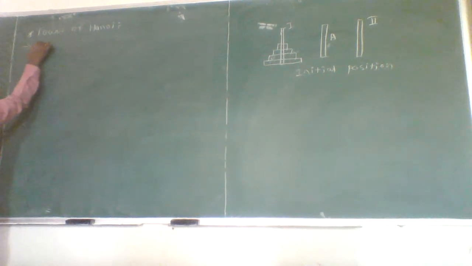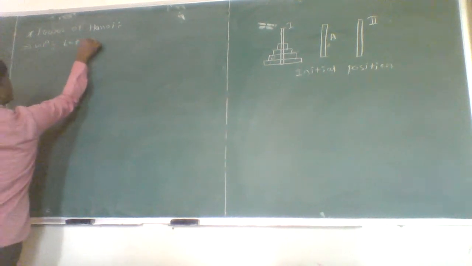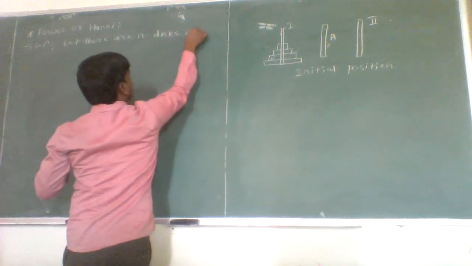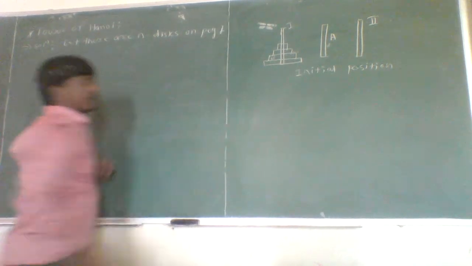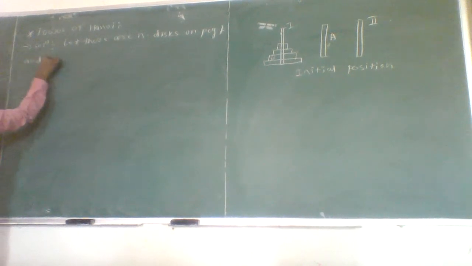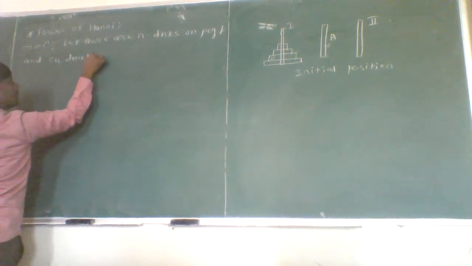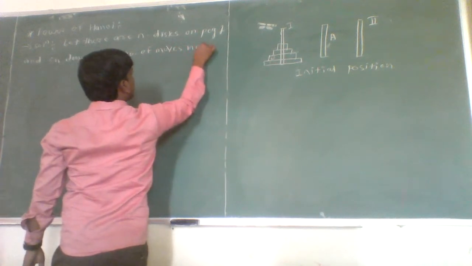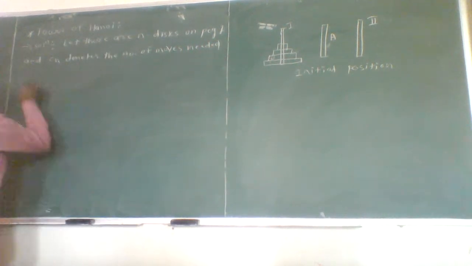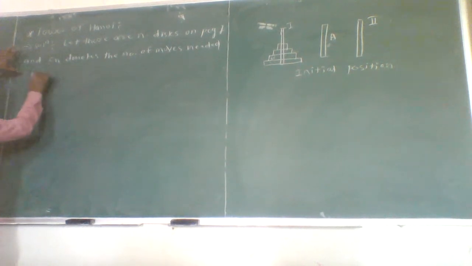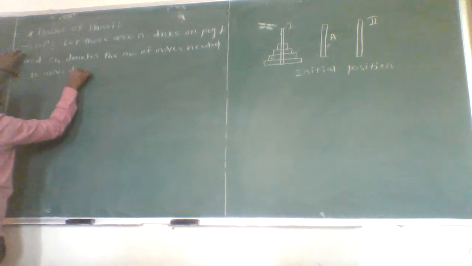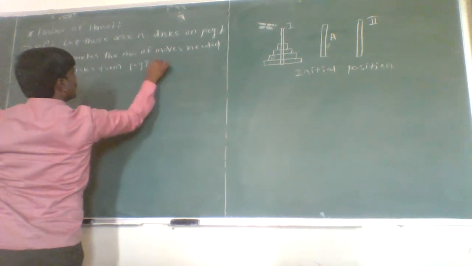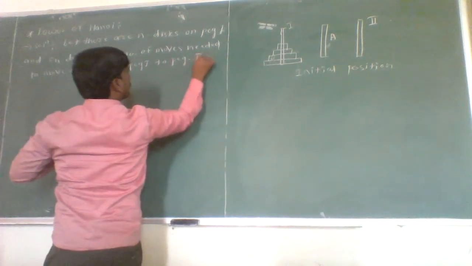Solution. Let there be n discs on peg 1, and Cn denotes the number of moves needed to move these discs from peg 1 to peg 2.